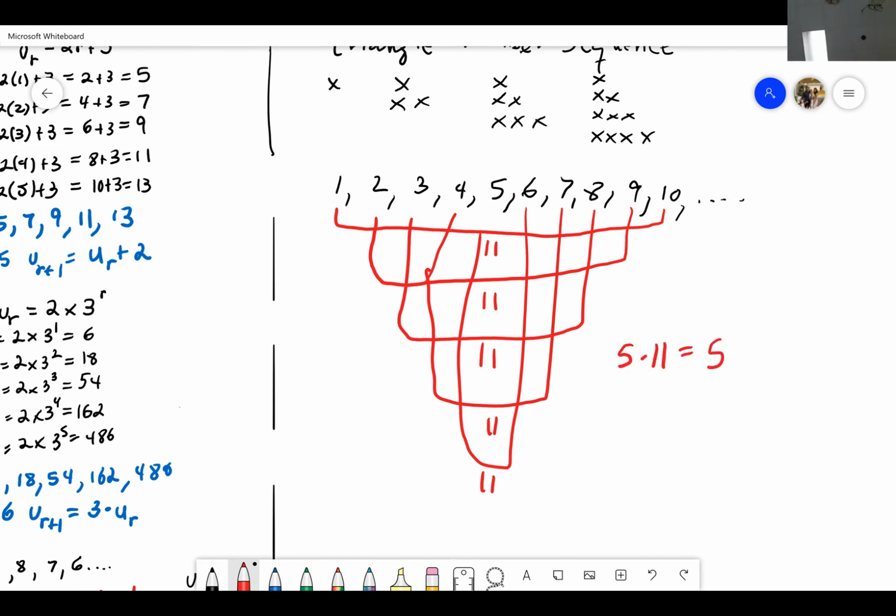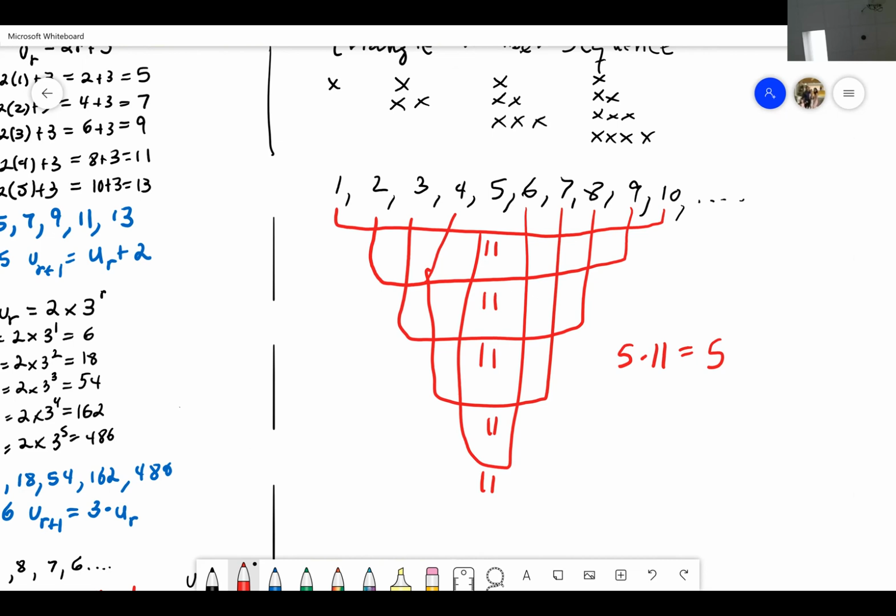So if you were to come up with a formula for this, what would the formula be? So how many numbers do we have here in total? 1 through 10. Yeah, 1 through 10.